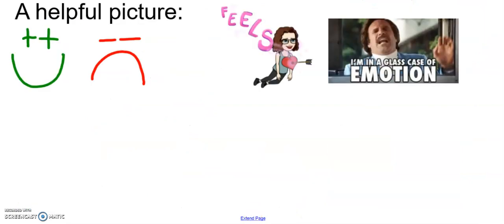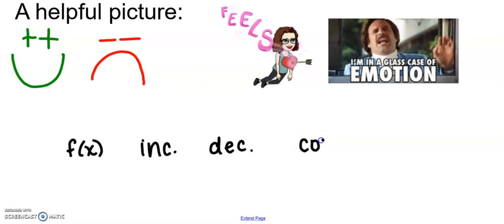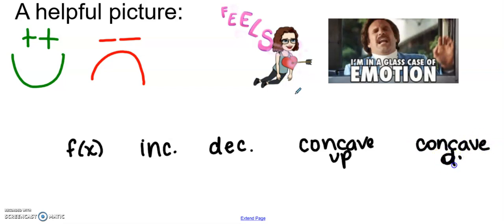So let's talk about all the ways we can describe f of x. f of x can be increasing. f of x can be decreasing. f of x can be concave up, and f of x can be concave down. Those are the 4 different curvatures that we have on a graph.